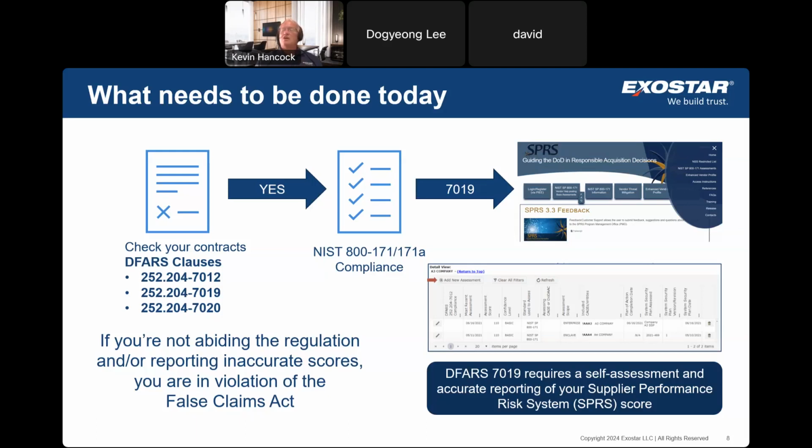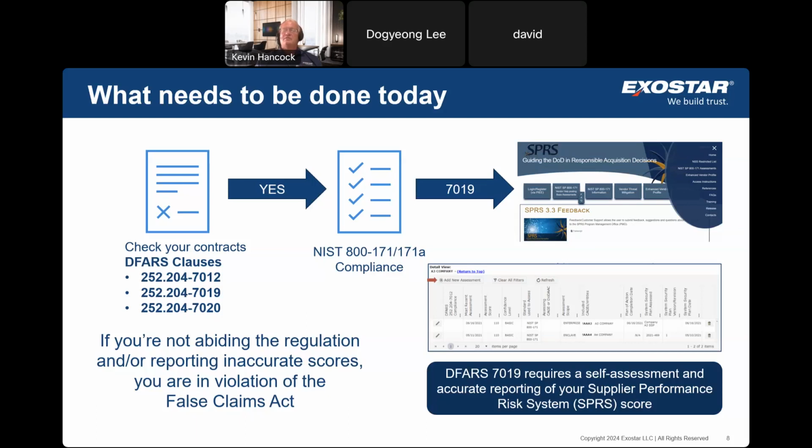7012 says that if you receive controlled unclassified information, you as an organization attest that you meet the 110 controls of 800-171. If you've got the DFARS clause 7019 in your contracts, you are required to do an annual self-assessment. You're required to score yourself.